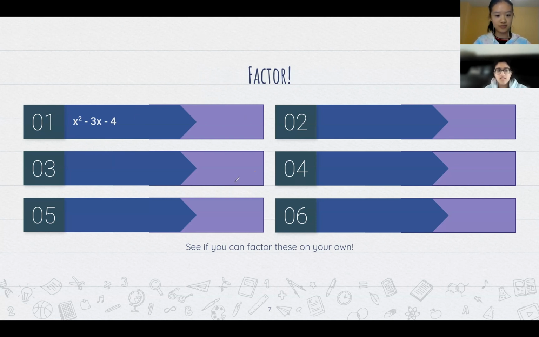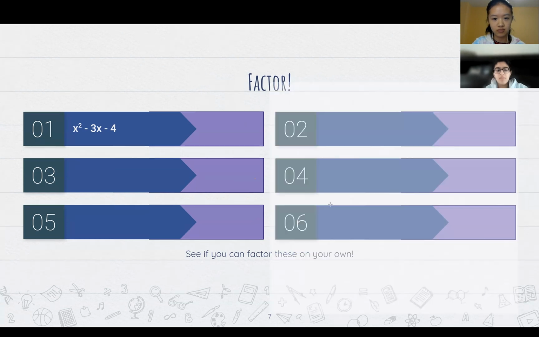Okay, so the first example is x squared minus 3x minus 4. So try and factor this on your own. Remember, it should be factored to x minus 1 root times x minus the other root. So x minus m times x minus n. And remember, if the roots are negative, then subtracting them would result in addition.